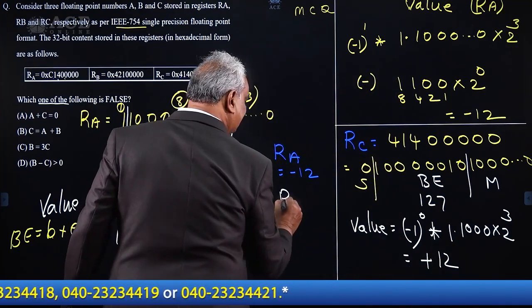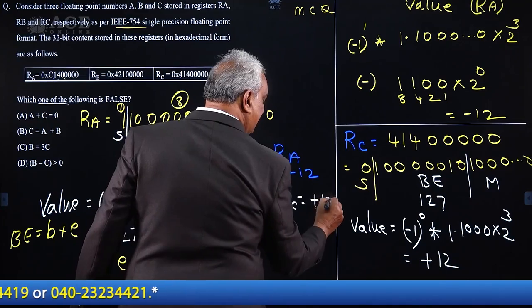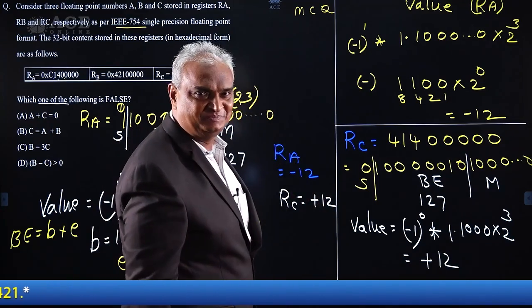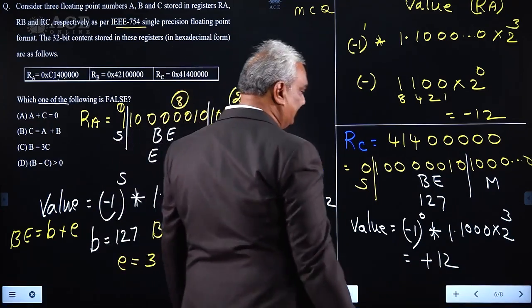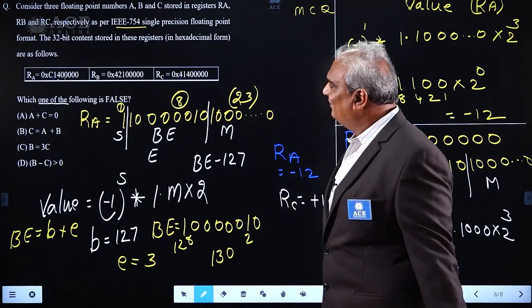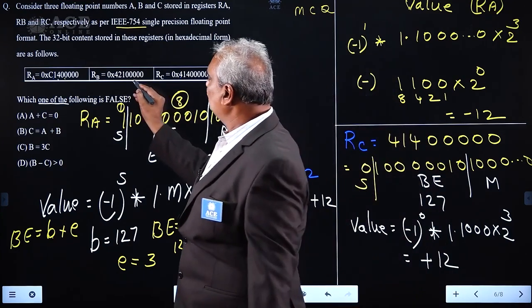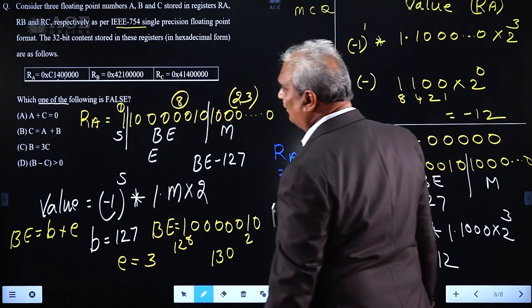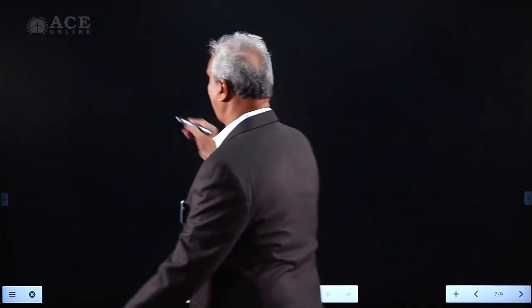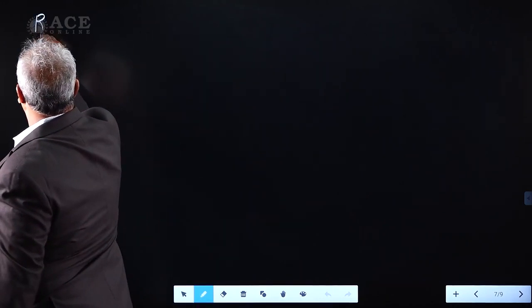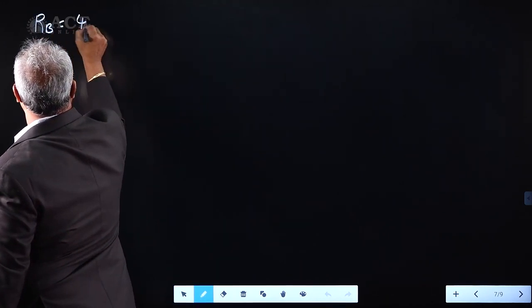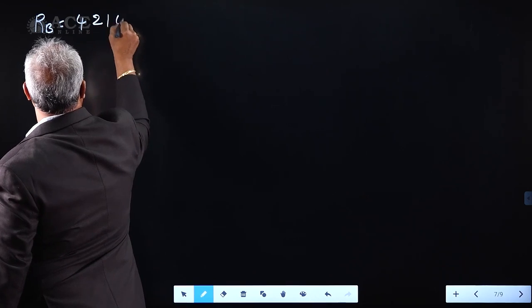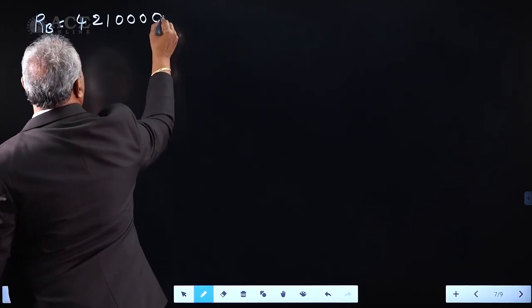So RC value is plus 12. RA value is minus 12. Next, find the RB value. What is RB here? 4 2 1 5 zeros. RB is equal to 4 2 1 5 zeros.